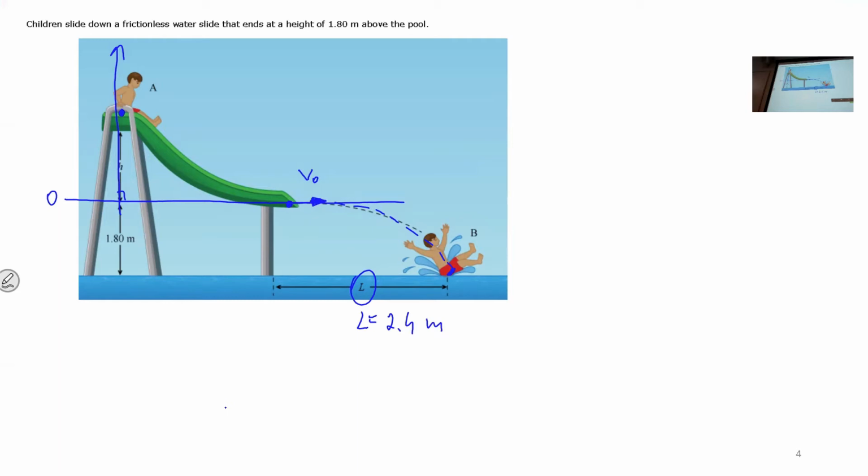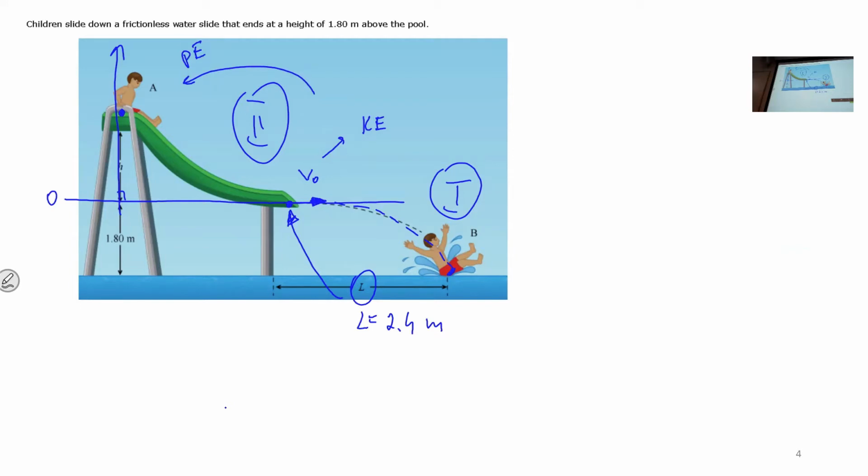So you have to do this problem backwards. So you know this part, this is the part number 1. From this part, you need to extract information about this speed. And then you have to do the part number 2 to get from speed, which is the part of kinetic energy, go to potential energy to find this height unknown.